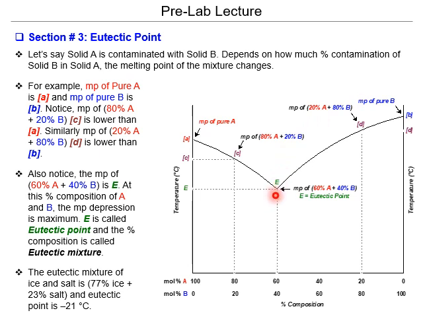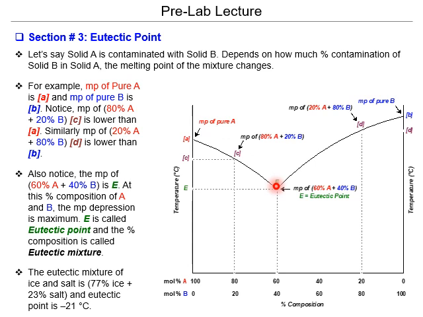But where is the eutectic point? The melting point of a mixture, for example, 60% A and 40% B here in our graph, is the lowest temperature at which the mixture will melt. So this point, E, is called the eutectic point.